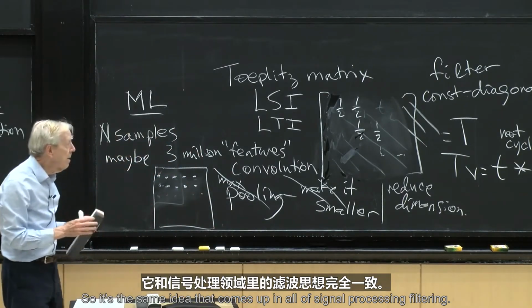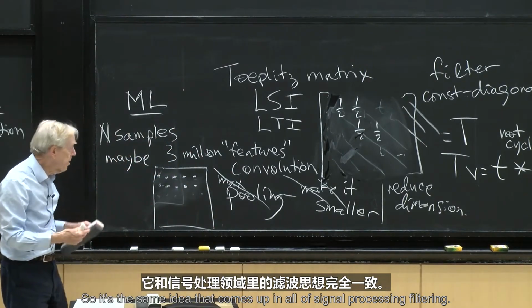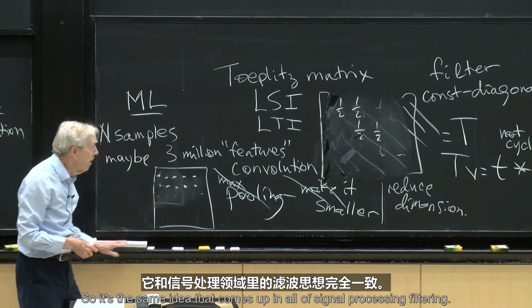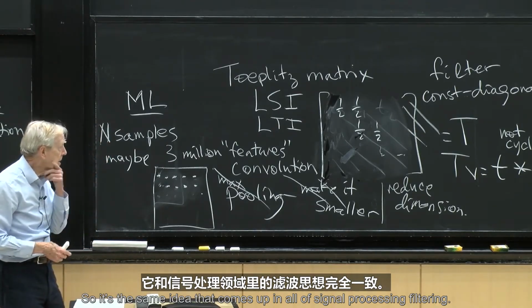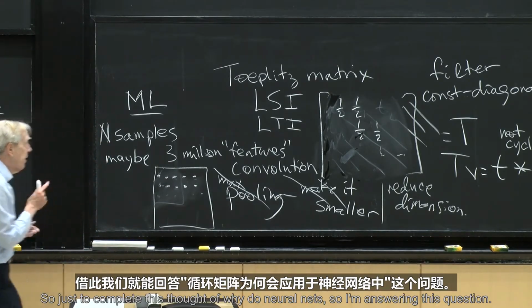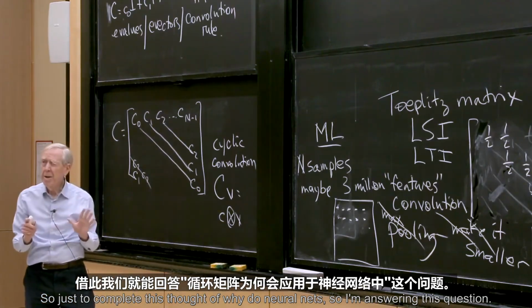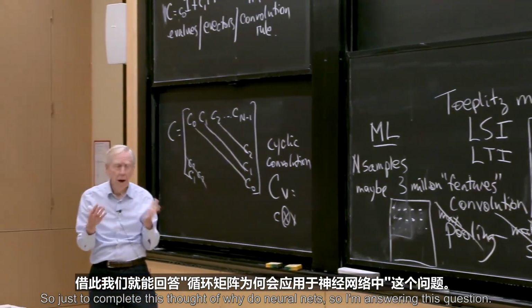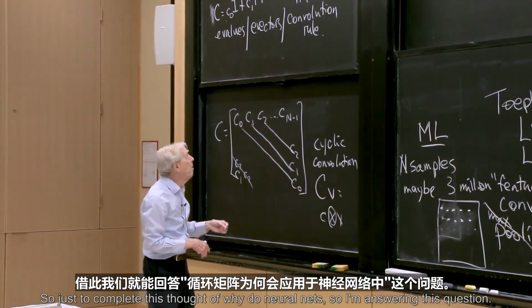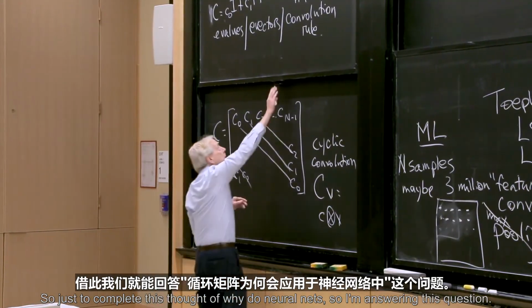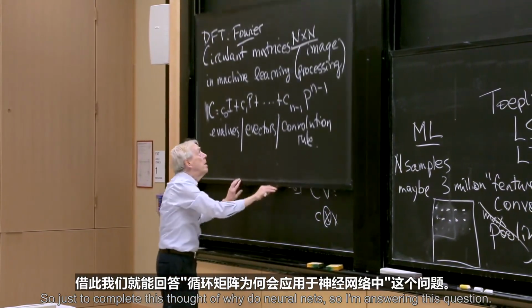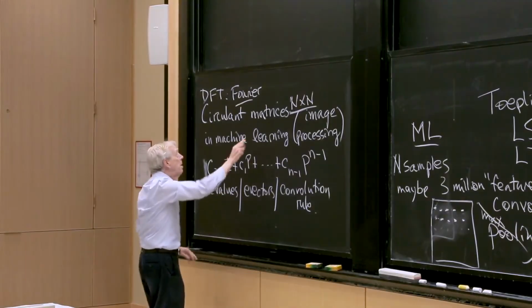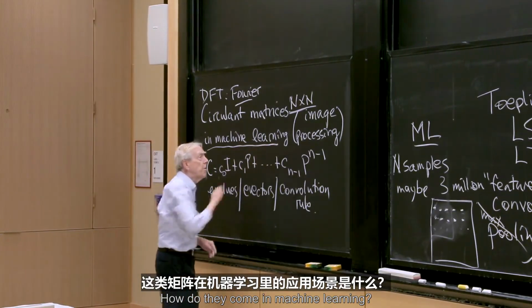So it's the same idea that comes up in all of signal processing filtering. Just to complete this thought of why neural nets, I'm answering this question: how do they come into machine learning?